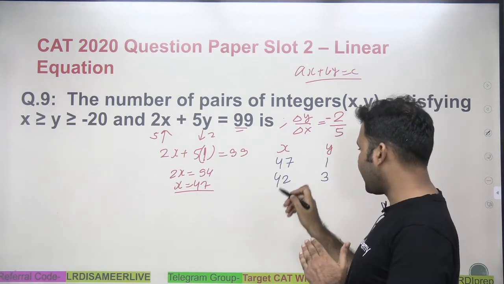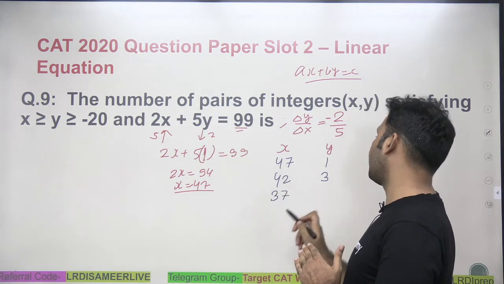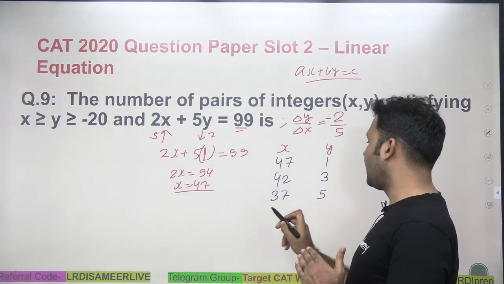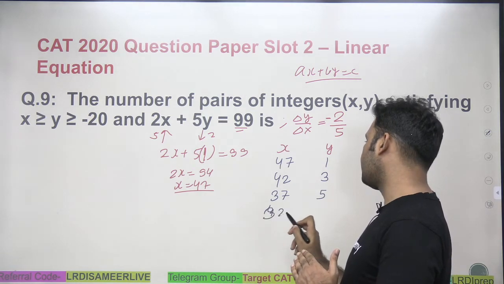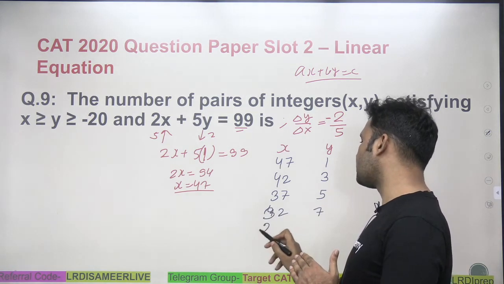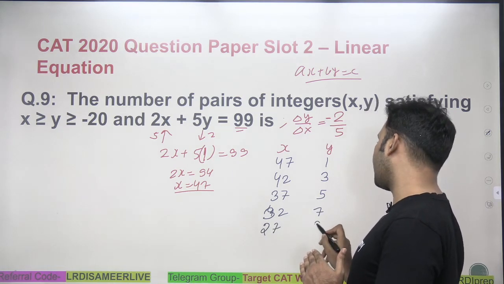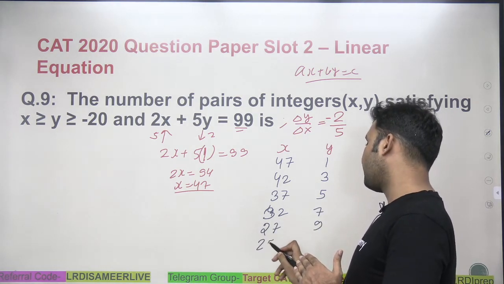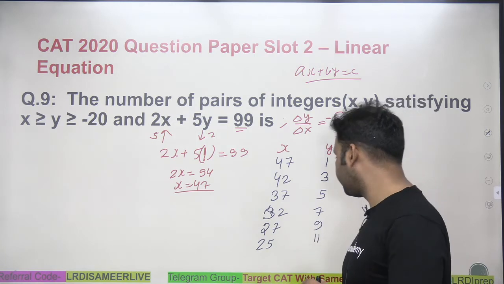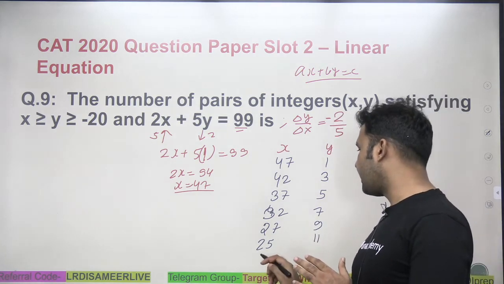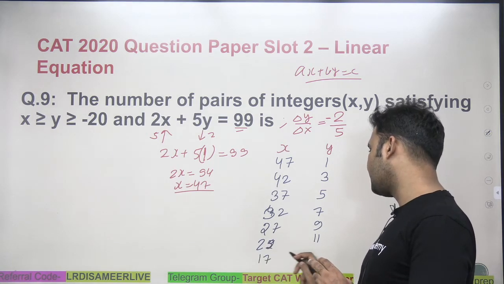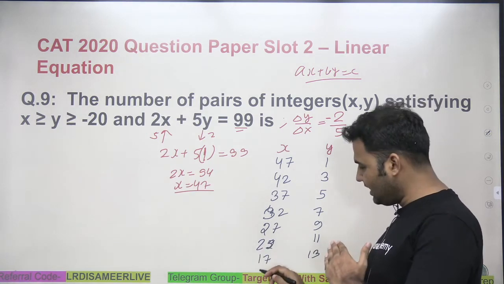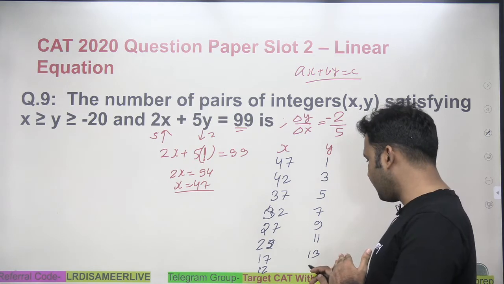The next solution, again decreasing by 5, is 37, and increasing y by 2 gives 5. Sorry, this is 32, 27, this would be 22, then 17, then 13. If I decrease it further to 12, this will be 15.